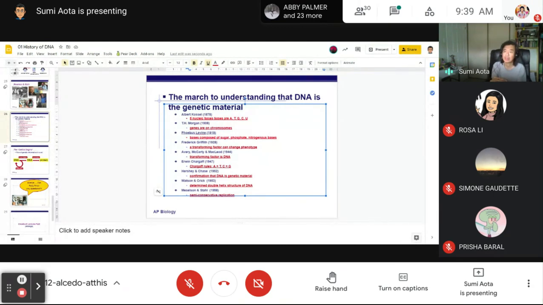Pyrimidines are thymine, cytosine, and uracil. Yeah, A and G are the double rings, and T and C are the single rings.